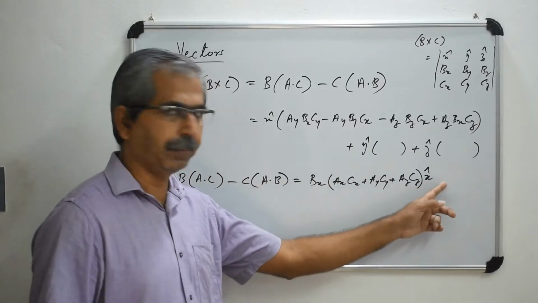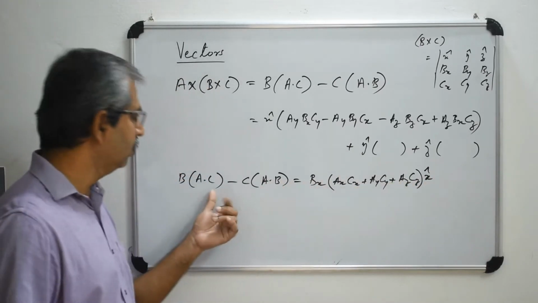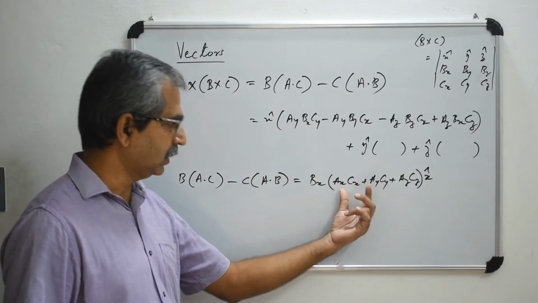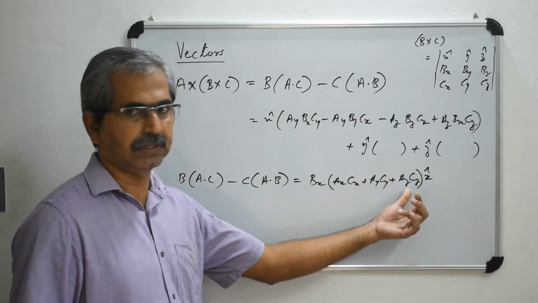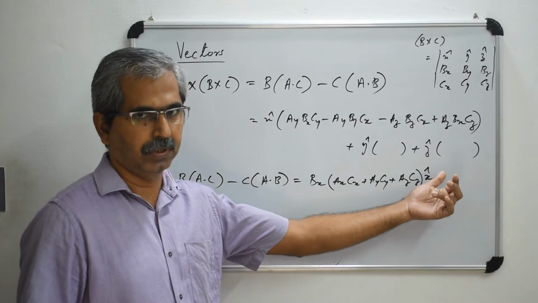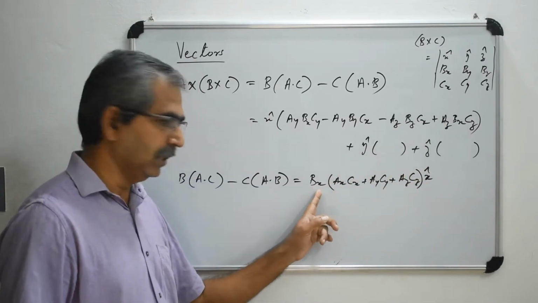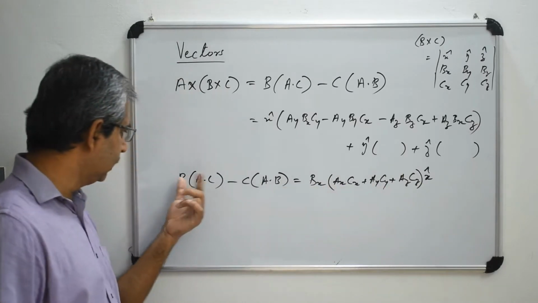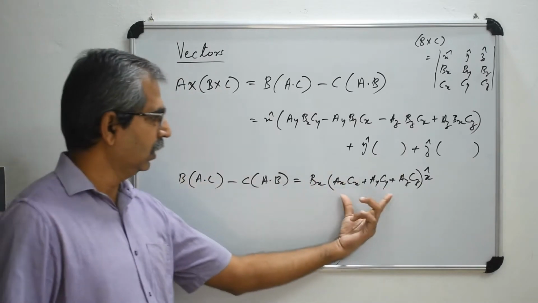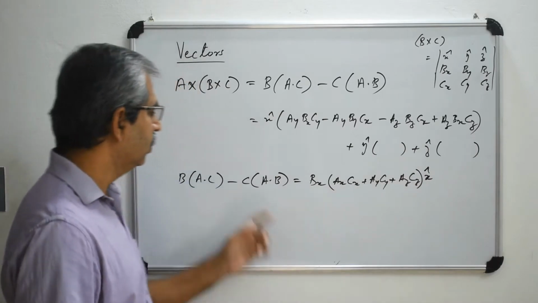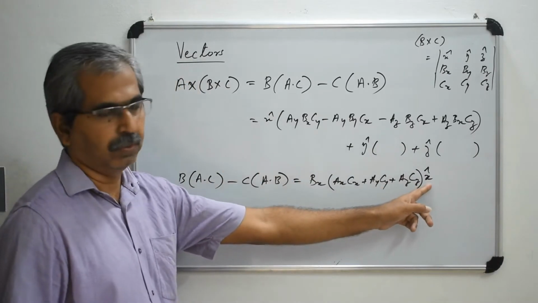What will be the second term? By into Ax Cx plus Ay Cy plus Az Cz into Y cap. What is the Z component? That is Bz into this one, into Z cap, and so on. So I am writing the X component only.